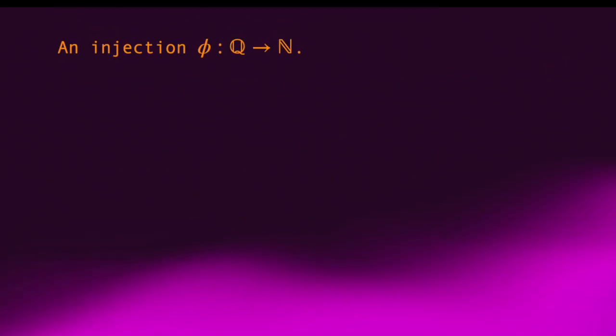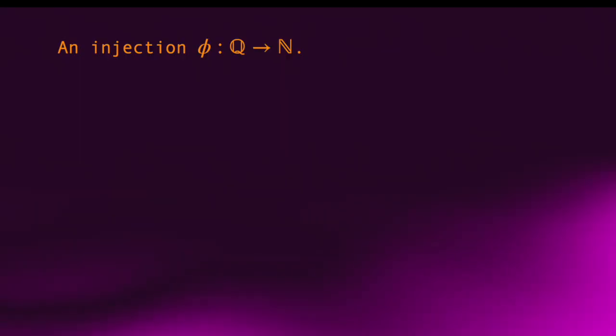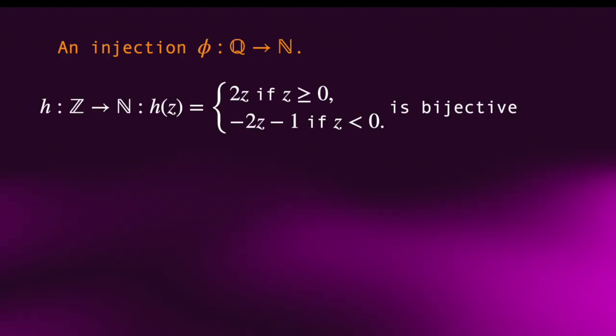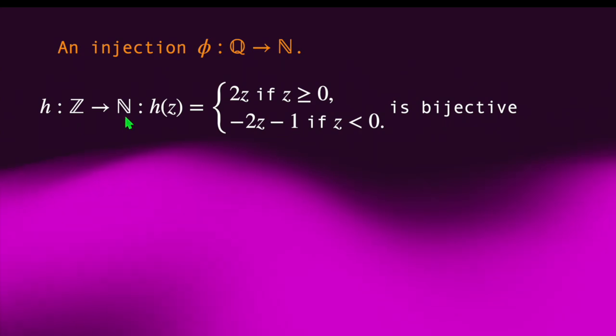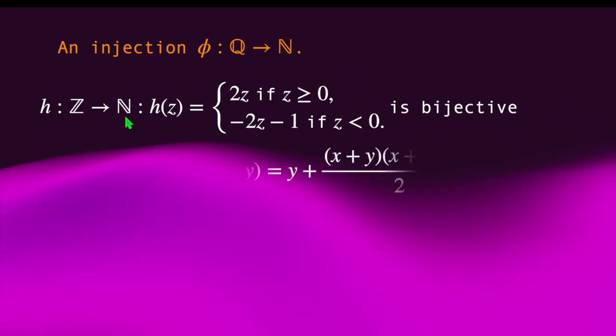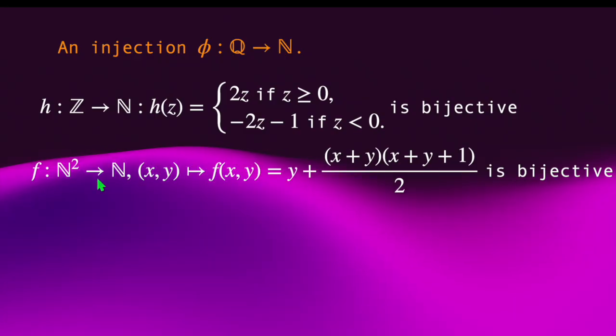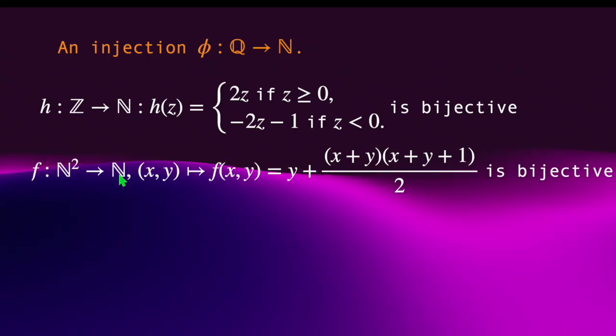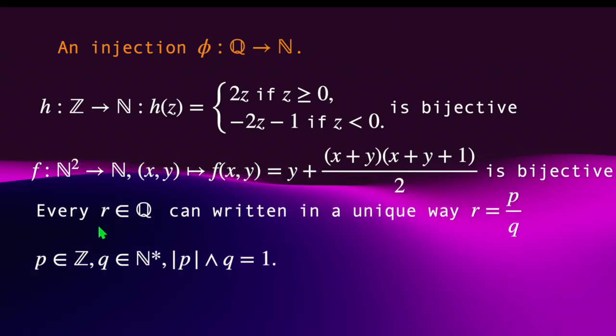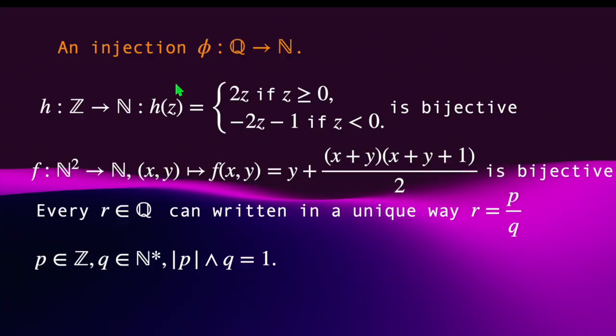And now we can build an injection from the rational numbers to the natural numbers. We have a bijection between relative integers and natural numbers. We have a bijection between N² and N, and we will use these two bijections to build this injection.